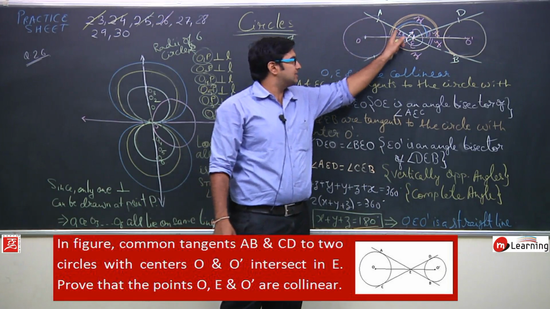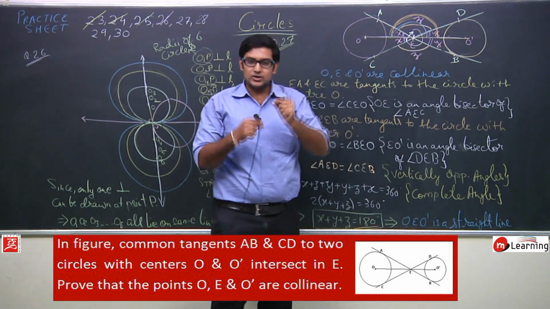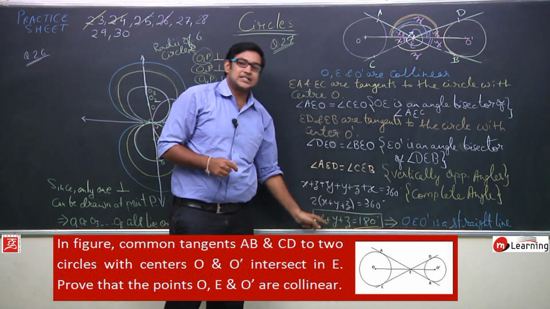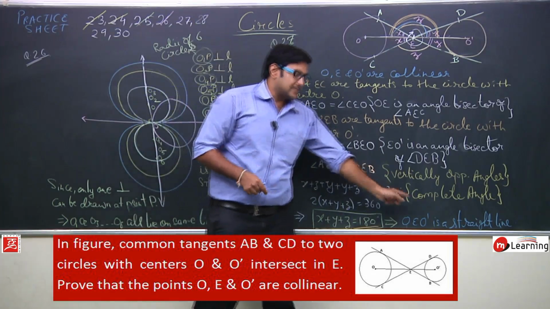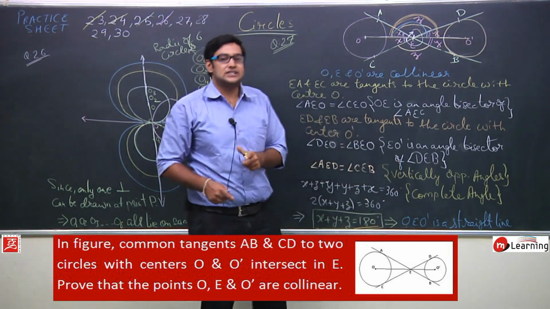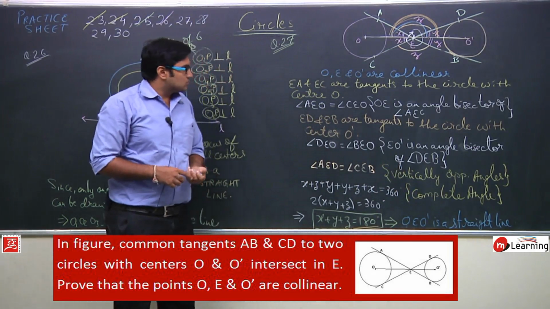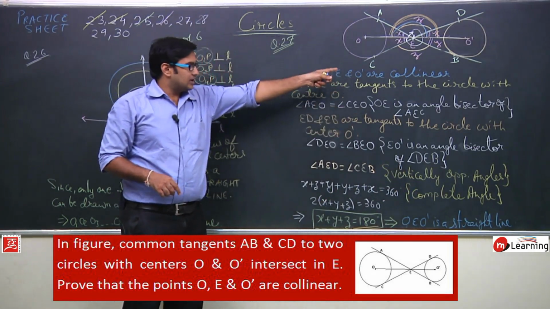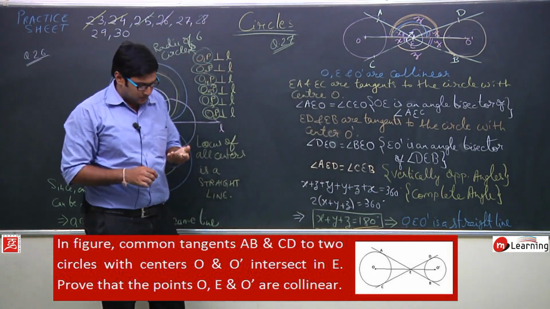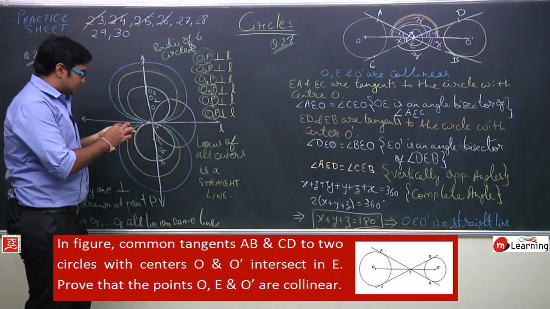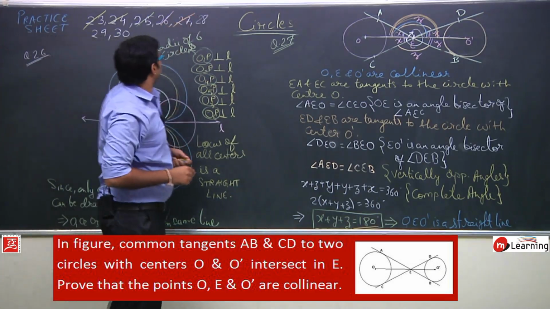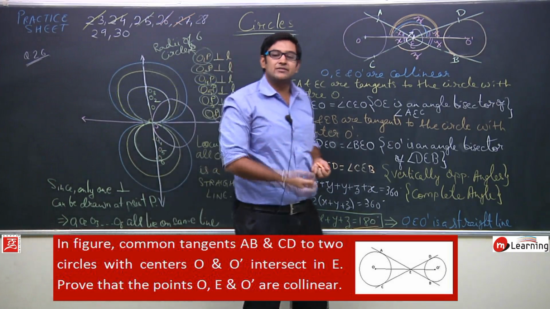It's a straight line because this angle is 180 degrees. Okay, so try to interpret this relation to get the final answer. So by this we can say O, E, O dash are collinear. So this is the solution for question number 27. We are left with 3 more questions. You can note this, then we will continue.